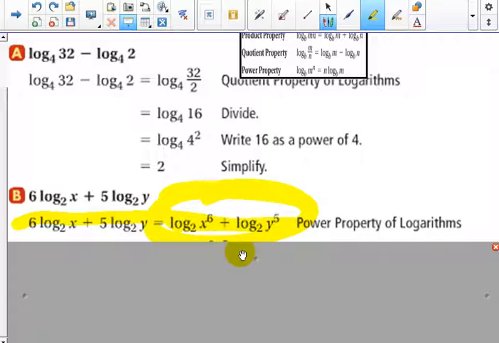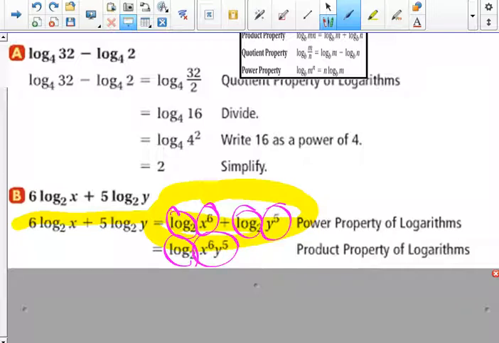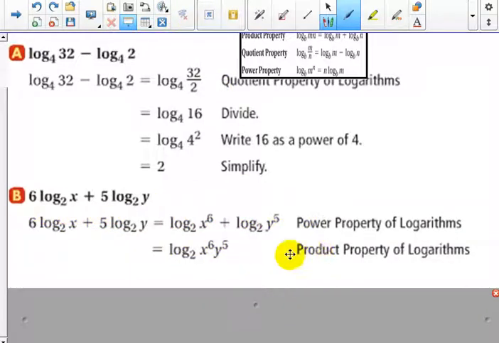So when they're added, that means you're going to multiply them. So now this becomes, keep your base of log 2, there it is, log 2, and now it's just going to be x to the 6th times y to the 5th, which is x^6 y^5. That's all there is to it. That's as far as you can simplify that. Any questions?